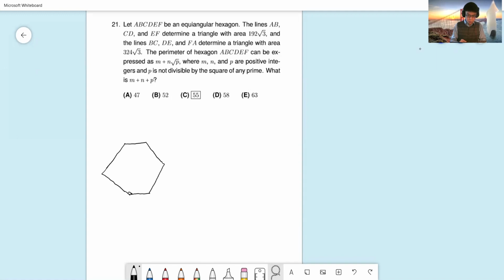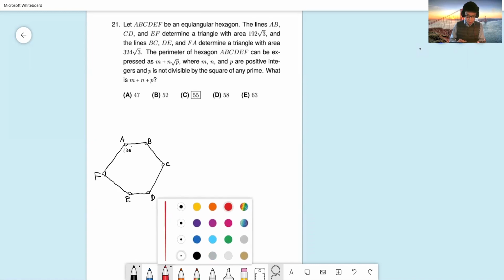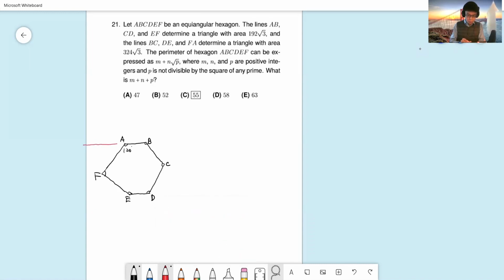So this is 120, 120, 120. Let me call the vertices A, B, C, D, E, F. Now, the lines AB, CD, EF determine a triangle whose area is given. So we extend AB, CD, and EF. Let's draw this triangle.